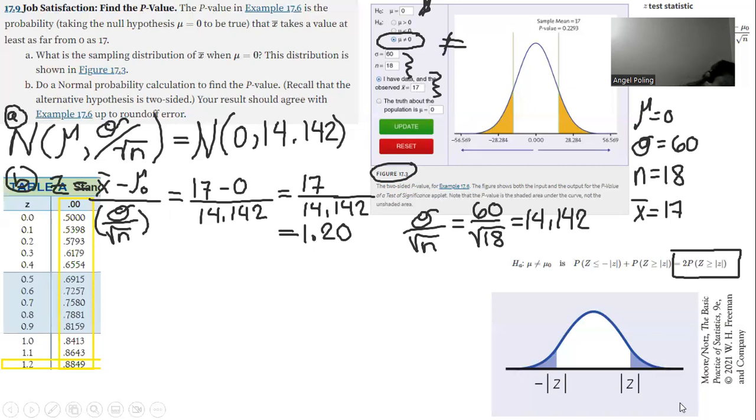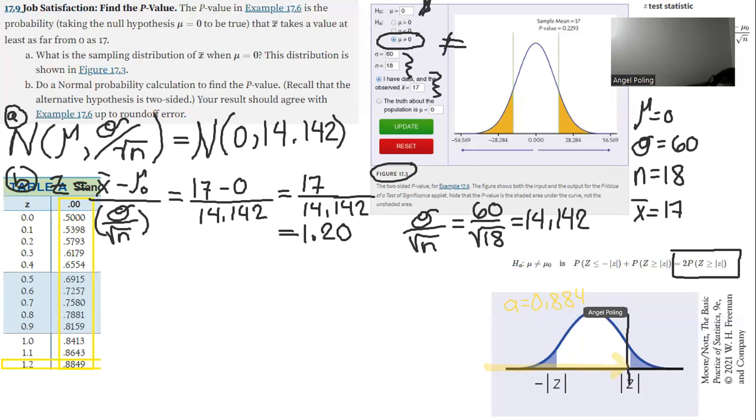And we see that the information that the table gives us is up to that positive z-score, 1.20. So the table gives us an A of 0.8849.